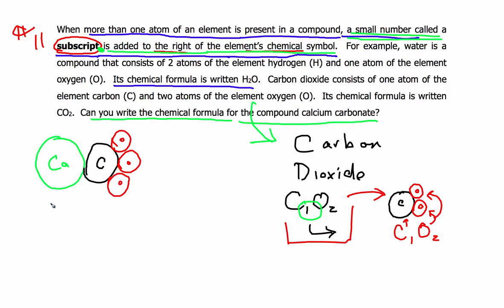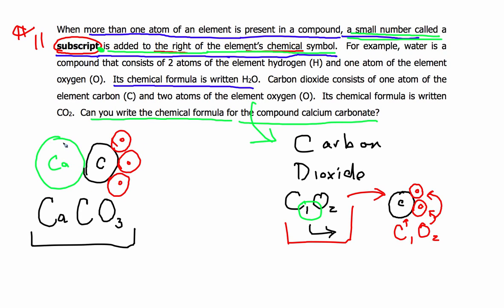Okay, welcome back. So this is going to be written Ca for calcium, C for carbon, and then O3. Now, this is the chemical formula for calcium carbonate. And this is what the molecule would actually look like.